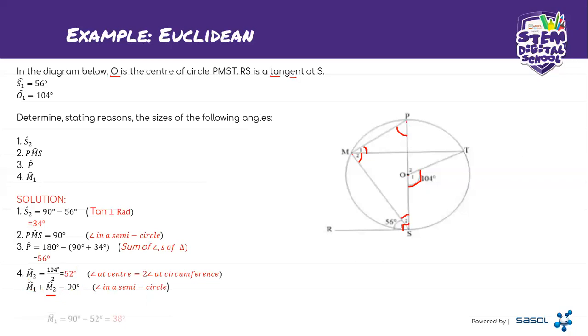We're just going to transpose that 52 to the right hand side so that we can subtract it from 90. Then our angle is equal to 38 degrees. So that was for this circle, our rider. Then we can just proceed.